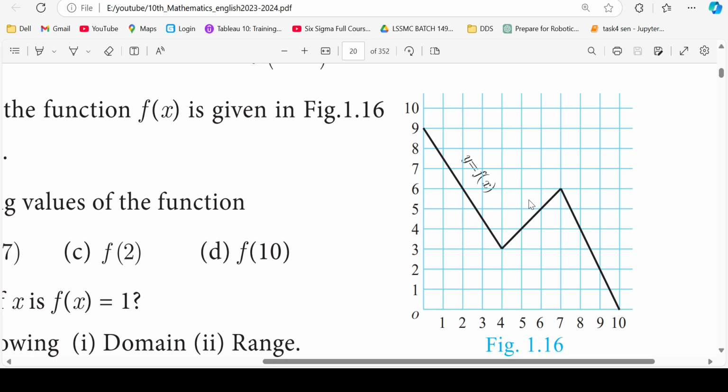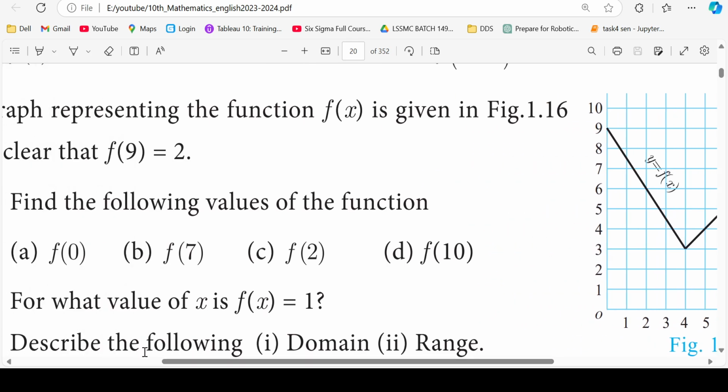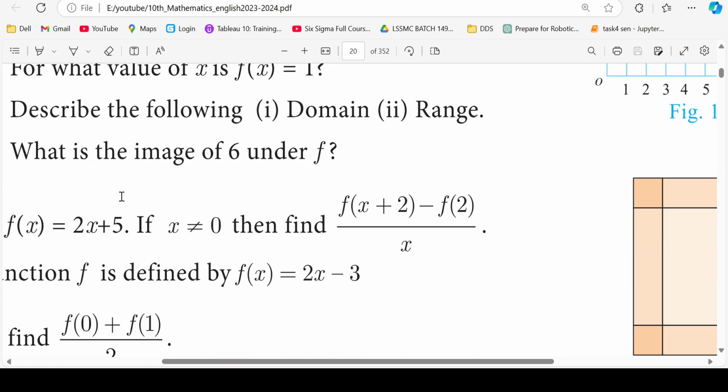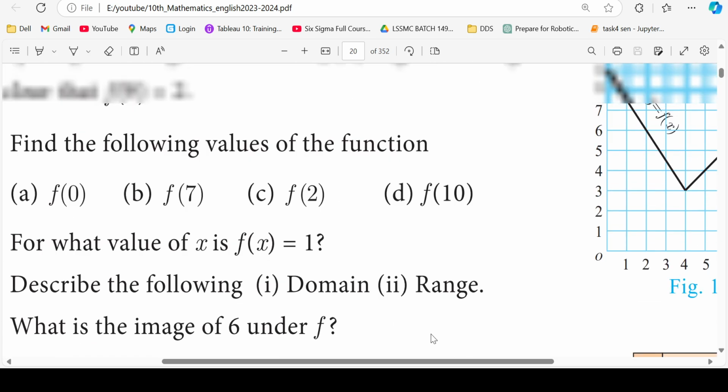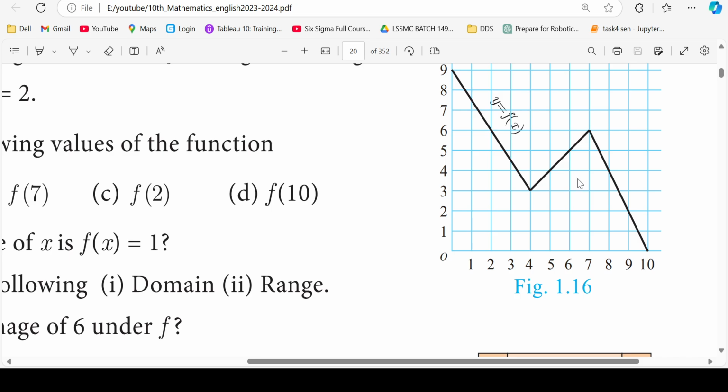Here 5, right? So the answer to this question, what is the image of 6 under f, is 5.